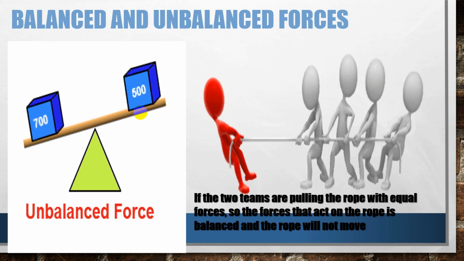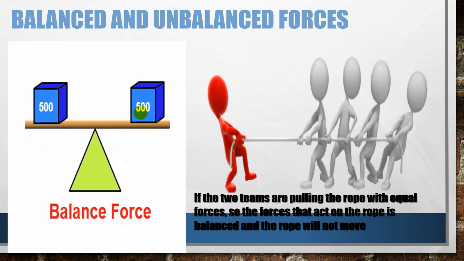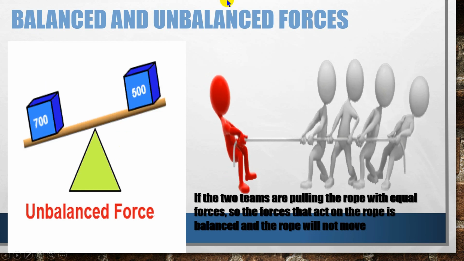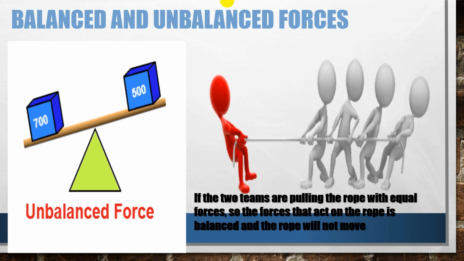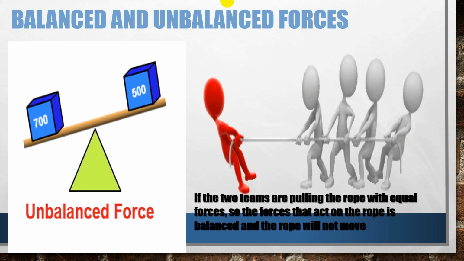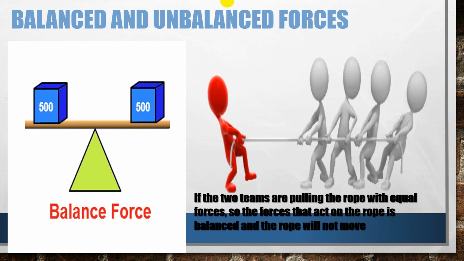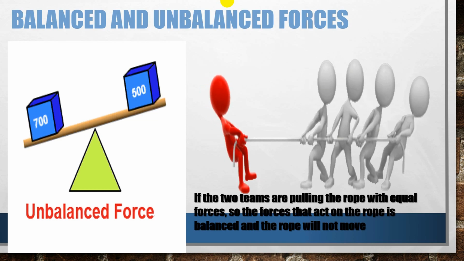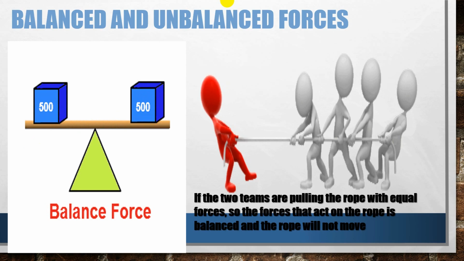So if I have 3 people on one side, I need 3 people on the other side. This is called equal, okay? So the forces that act on the rope are balanced, and the rope will never move because we have balanced force, which means, for example, 3 persons and 3 persons.